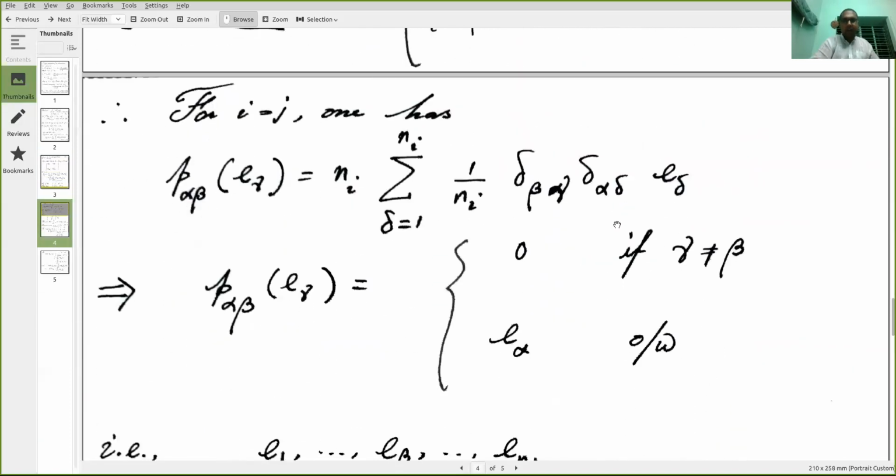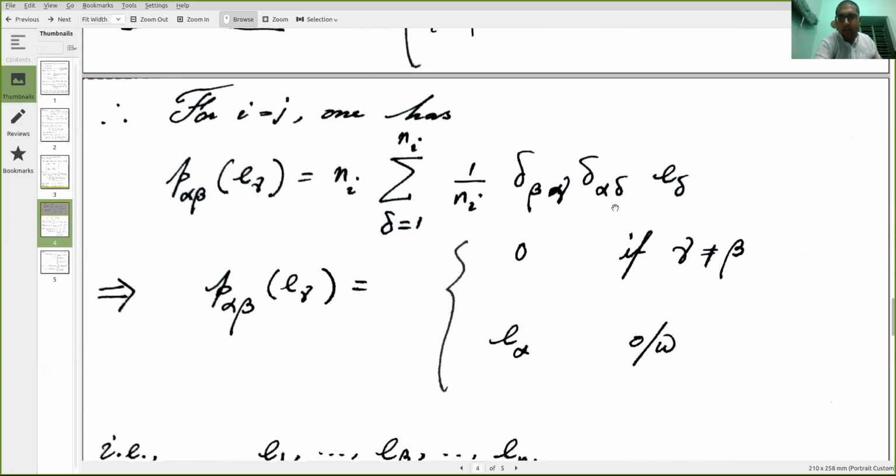Now in view of this, what can we see? We know that delta beta gamma and delta alpha delta, these are all Kronecker delta notation. Suppose gamma is not equal to beta, then this is again 0. And when gamma is beta, this will be 1.